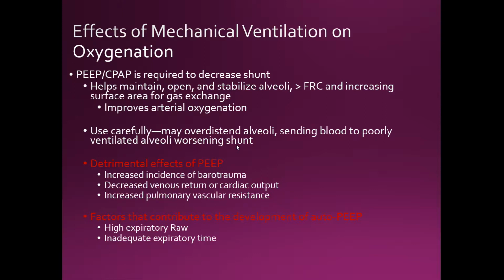So, just like how positive pressure ventilation can push air into non-dependent areas, causing an increase in VQ, PEEP can cause a decrease in VQ, because they might send it to places where there's more blood flow and less air, and therefore, if you have that, then you'll be shunting a lot longer.